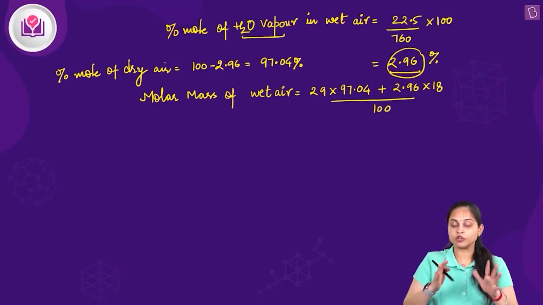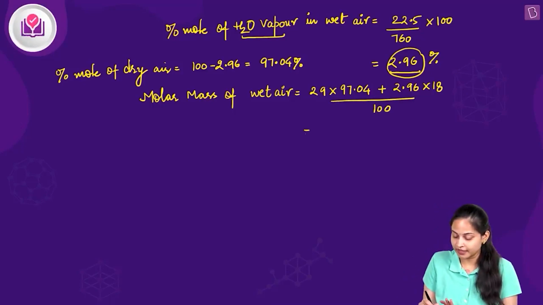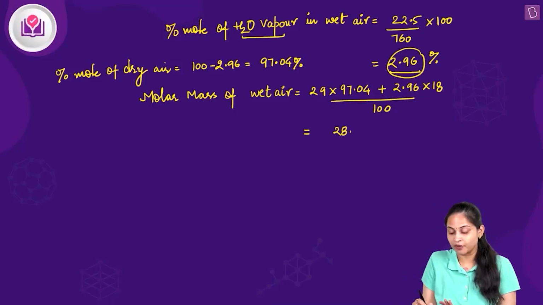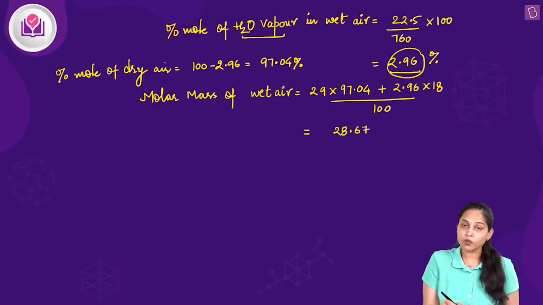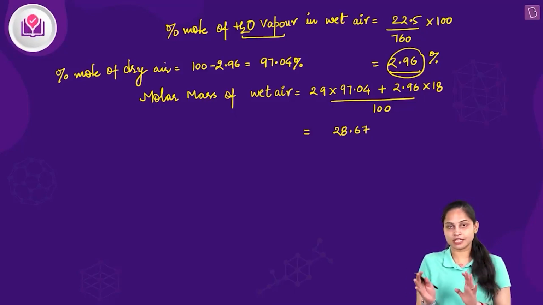So this will be the molar mass of wet air. When you calculate this out, you will get the answer as 28.67.